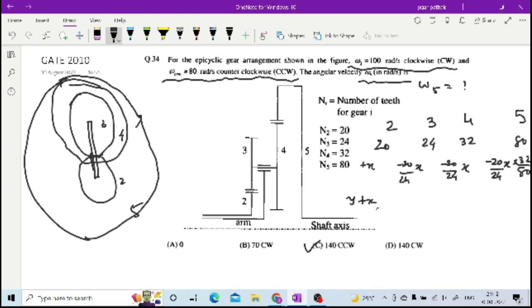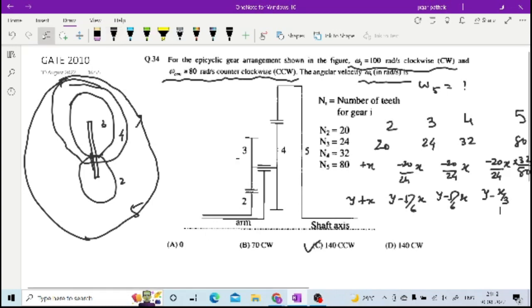So y plus x, then y minus 5 by 6 x, then y minus again 5 by 6 x, and then y minus x by 3. Now when you put the values, you will get the answer. I am not doing it now because you all know it. Is it fine?